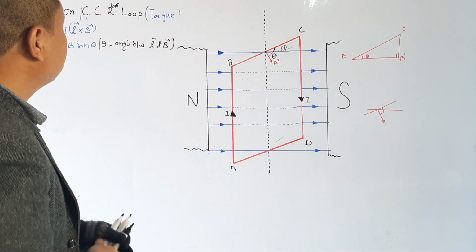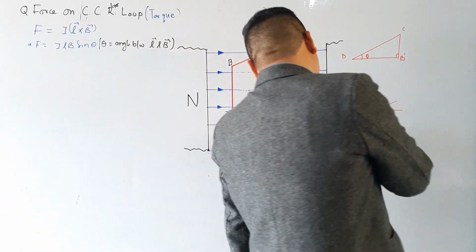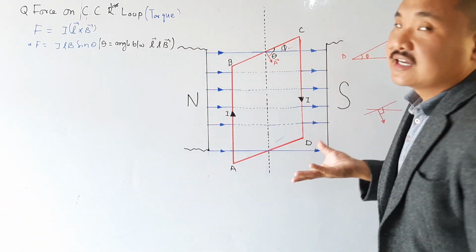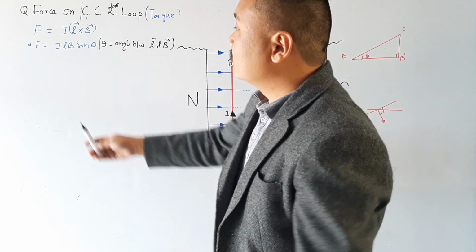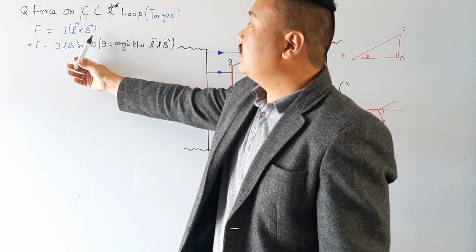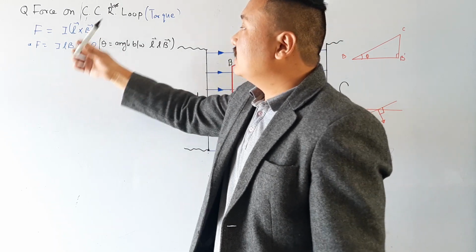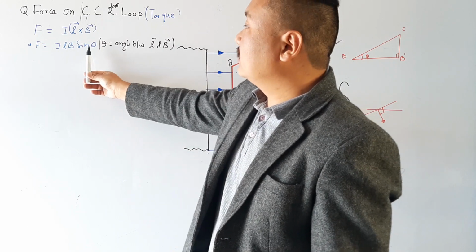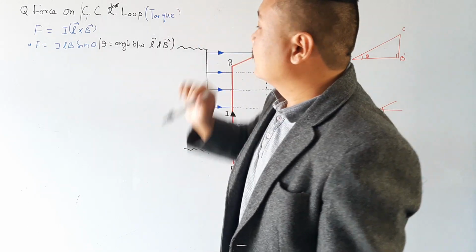Whenever I place a current carrying conductor in a uniform magnetic field, it will experience a force, as we have done in the last lecture, and that force is F equals I L cross B, which is ILB sine theta, where theta is the angle between the length vector and the B vector.